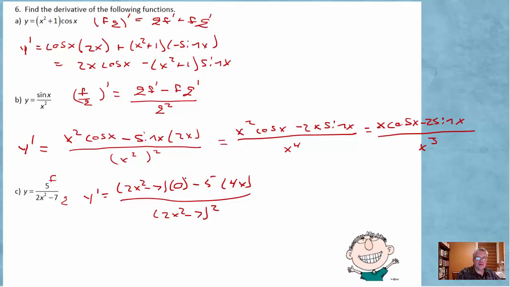Alright, this times 0 is just 0. Minus 5 times 4x is minus 20x. And in the denominator, we have 2x squared minus 7 squared.